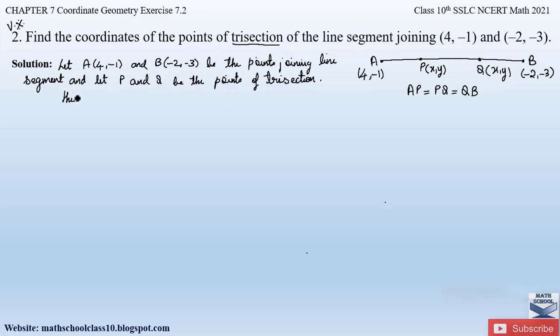Then we can write that AP is equal to PQ is equal to QB. Also, since a trisection is mentioned here, these 3 sections will be in an equal ratio of 1:1:1. This is the least possible equal ratio that we can assume. We can also take 2:2:2 or 6:6:6, anything, but all the 3 sections should be equal.